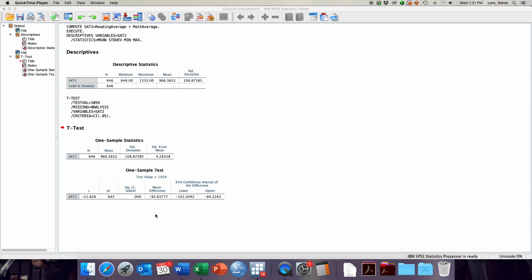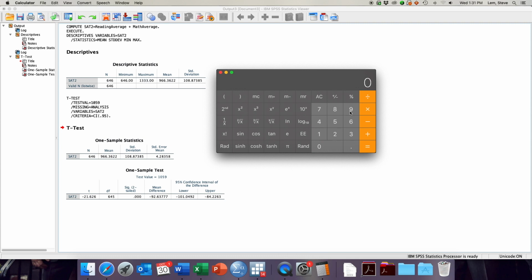If we divide the mean difference by the standard error of the mean, that is, negative 92.64 by 4.28, we get a t-score of negative 21.626. Once again, we can show here that if we divide 92.64 by our standard error of the mean of 4.28, we essentially get that t-score of negative 21.6.